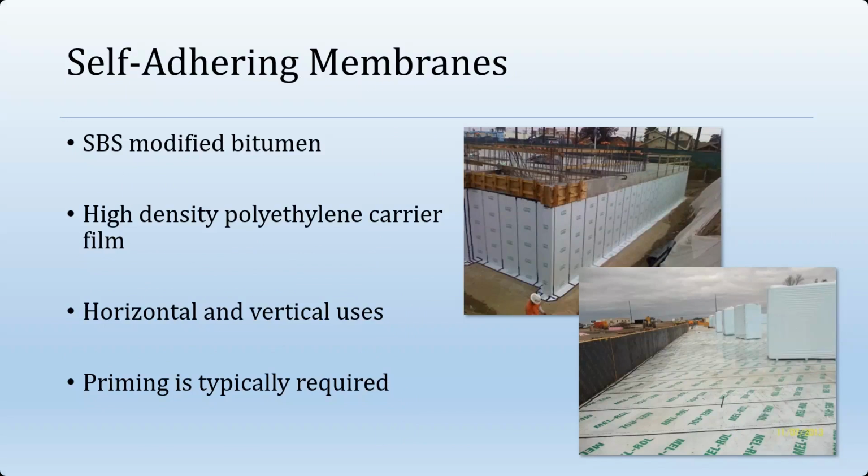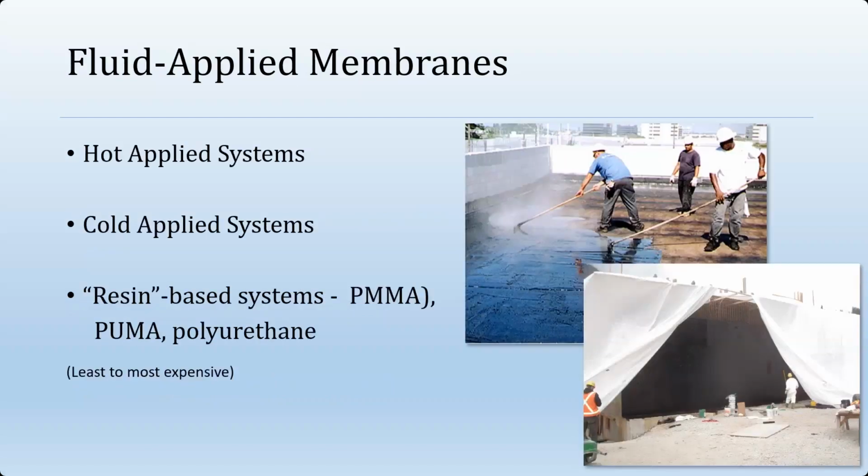And far and away, I would probably guess that this is the majority of waterproofing type used. I'd say it's probably better than 50% of projects out there. It's portable, and it can be applied vertically or horizontally. If you use a water-based primer, which is required, it's not really going to be a nasty operation, and it's typical for horizontal and vertical uses.